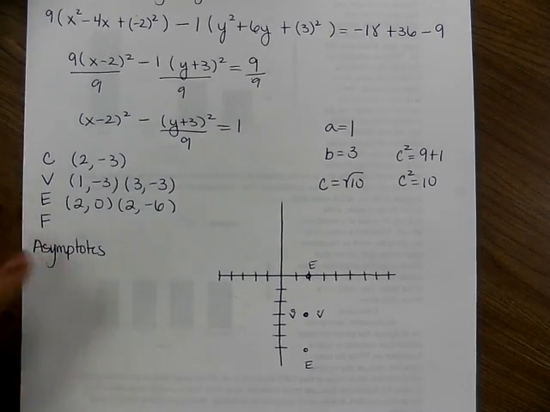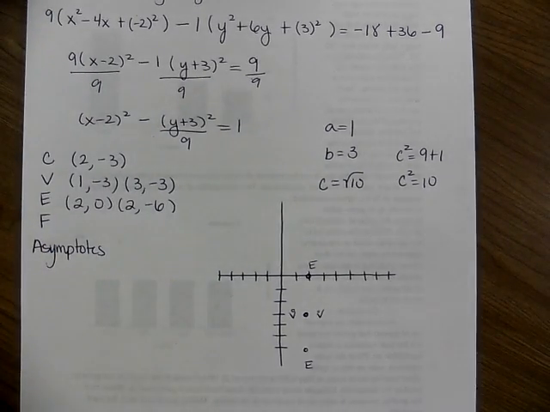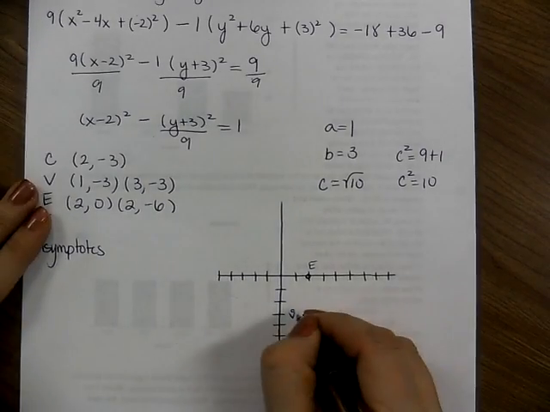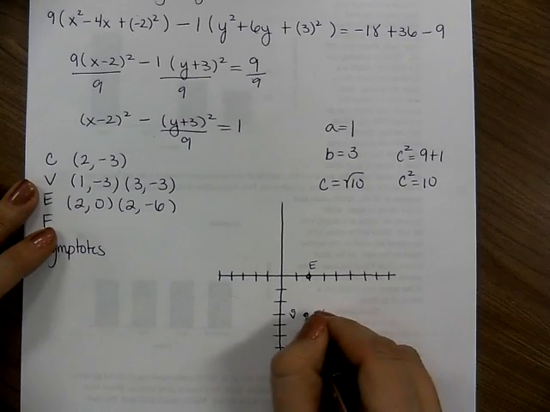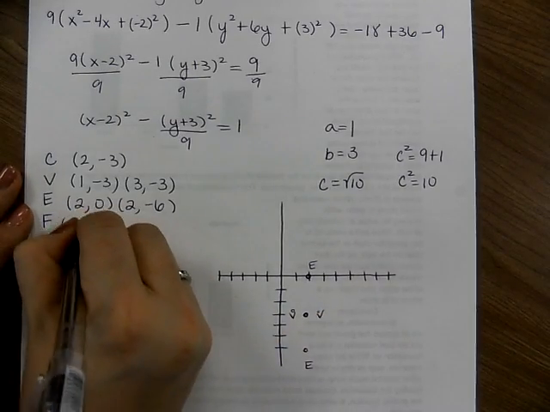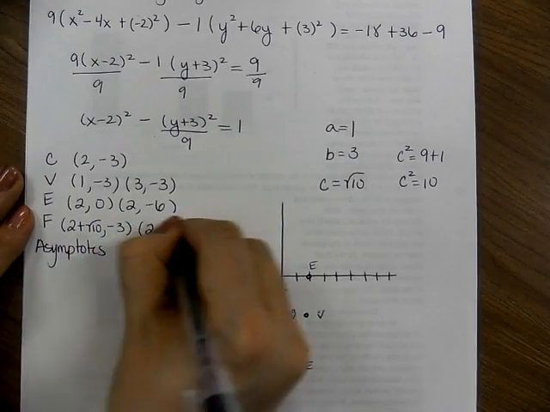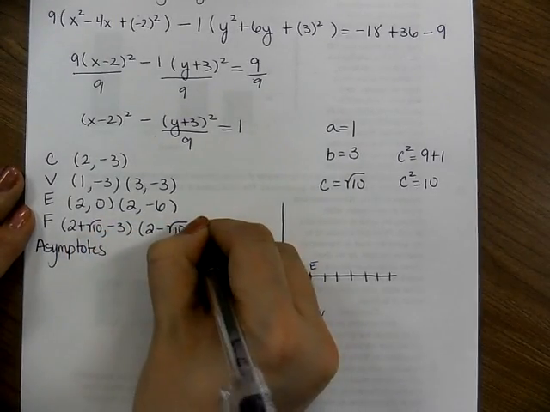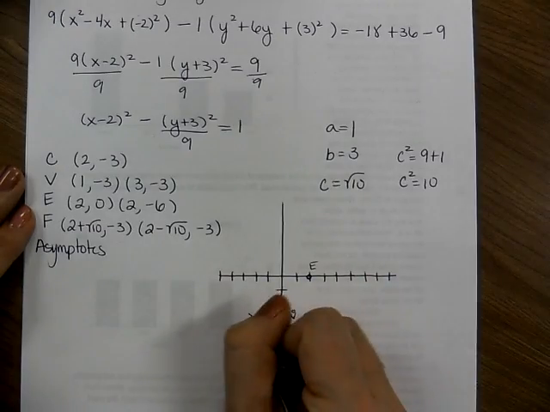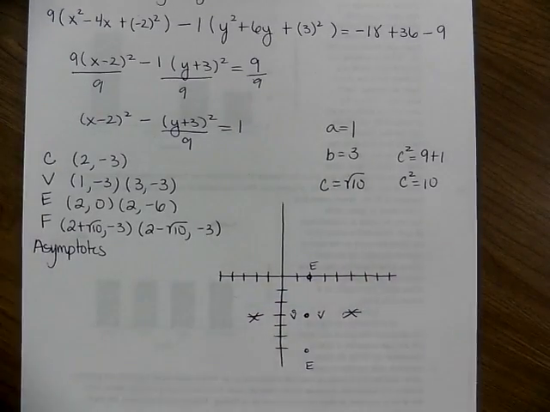The foci are a distance of C away, and I'm going to have to count left and right. Agree? Okay, so then they're going to be at, let's see, 2 plus the square root of 10, comma, negative 3, and 2 minus the square root of 10, comma, negative 3. So here and here. Okay?